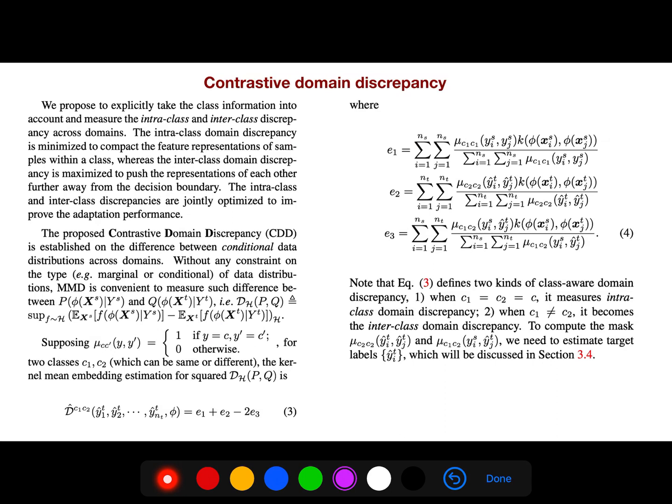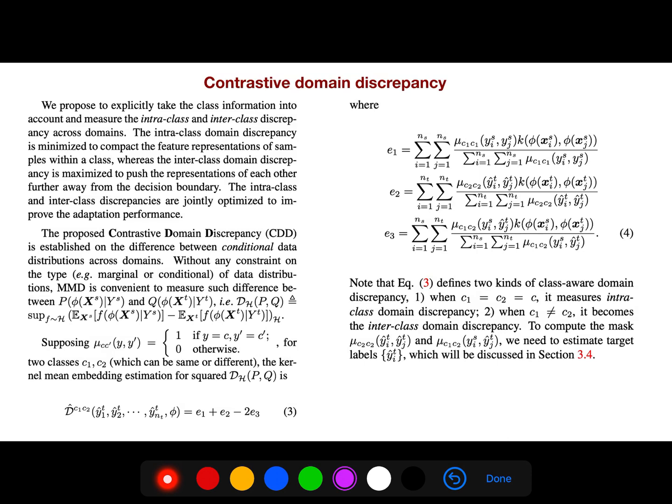But the proposed contrastive domain discrepancy is established on the difference between conditional data distributions across domains. Without any constraint on the type of the data distribution, MMD is convenient to measure such difference between P and Q.